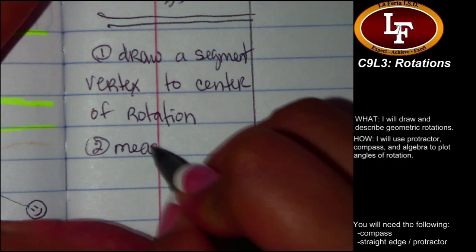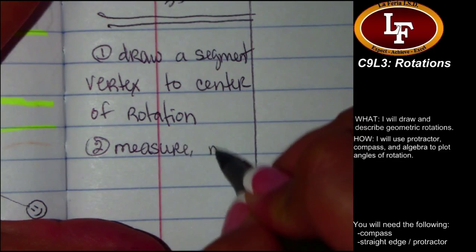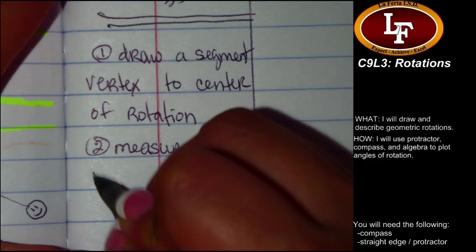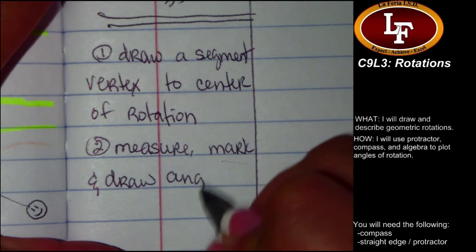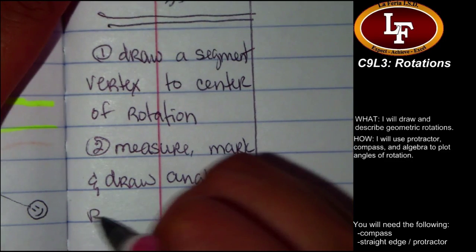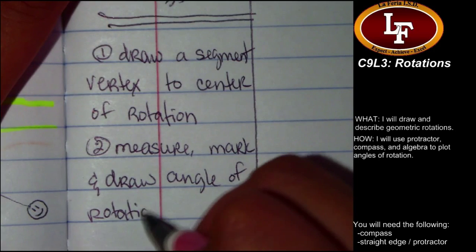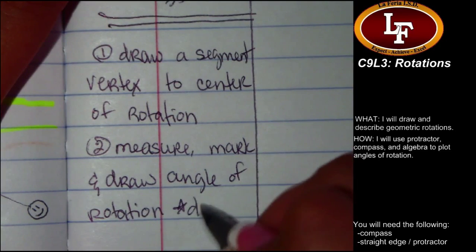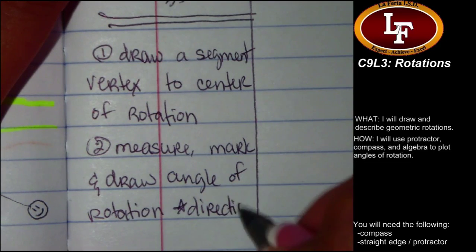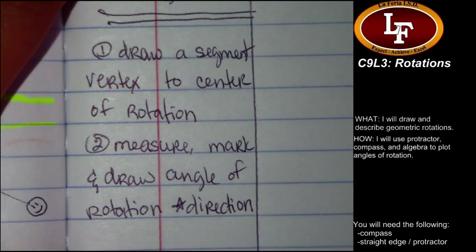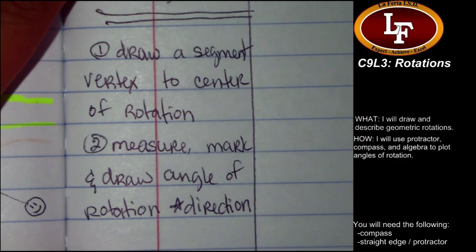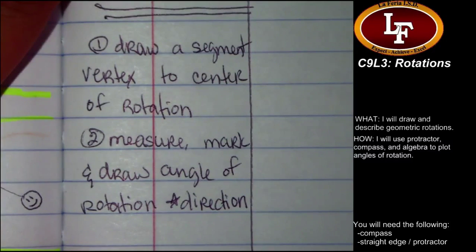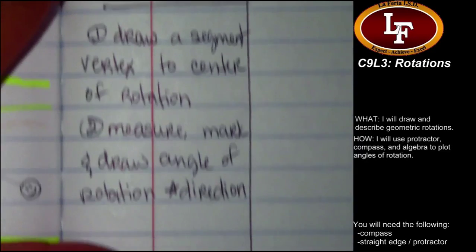Once you have that segment, you're going to measure, mark, and draw the angle of rotation. But you've got to pay extra special attention to which direction you're drawing it in and which direction you have been asked to draw it in. Unless stated, always assume counterclockwise. I'll go back up and I'll write it in a moment.